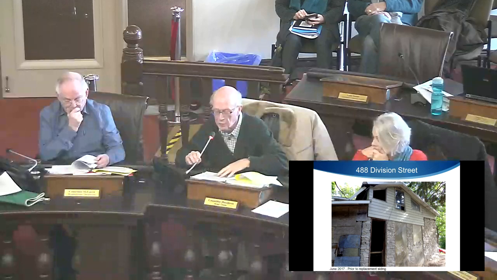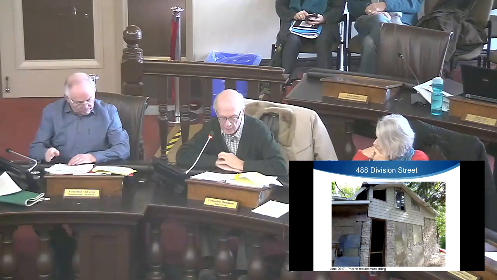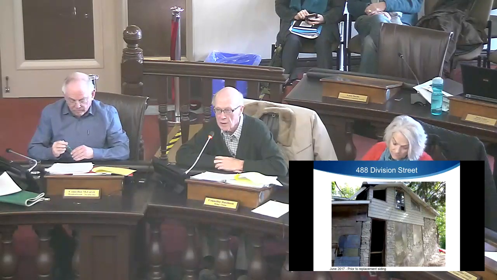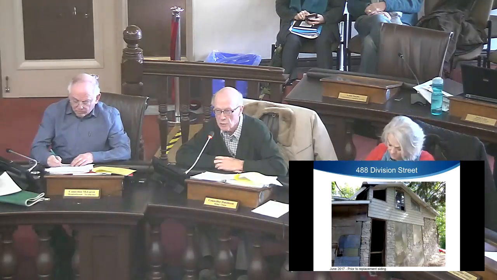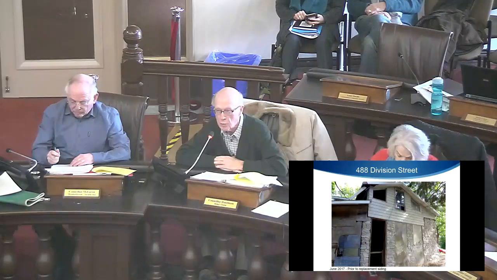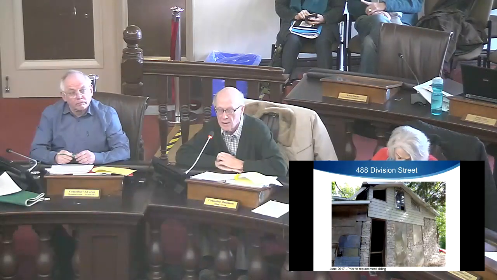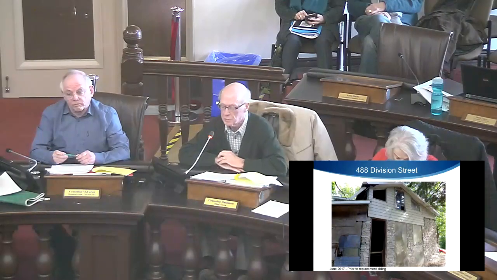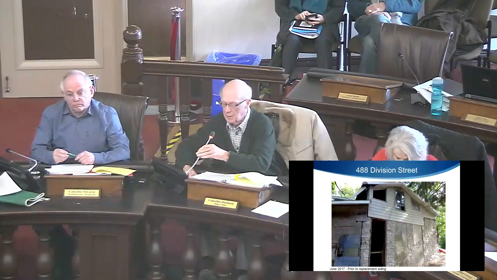So I'll move an amendment to add a condition that the applicant consider installing 6/6 windows on the stone portion of the south front, matching the other 6/6 windows in the same style.